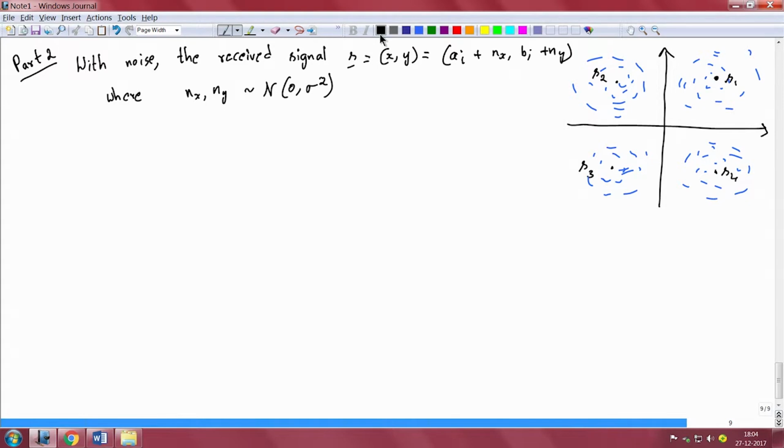So, for optimal detection, what we need to do is maximize the a posteriori probability. This is the criterion that we choose.